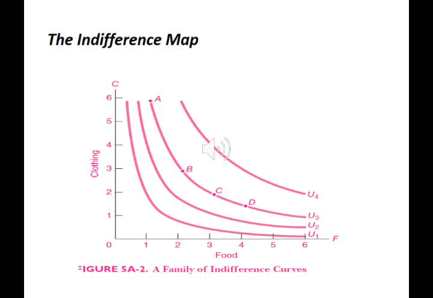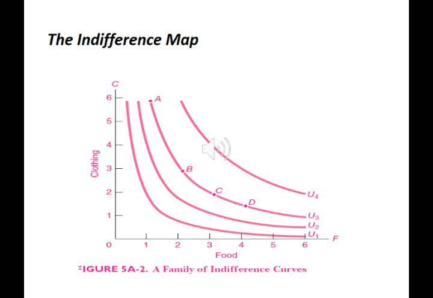So the consumer is the one who will be able to rank the consumption bundles in a way, okay, where he collects all consumption bundles that give him the same level of utility, among which he is indifferent, and we are going to connect them, and these will lie on one indifference curve.